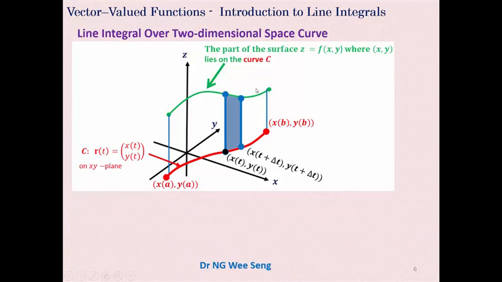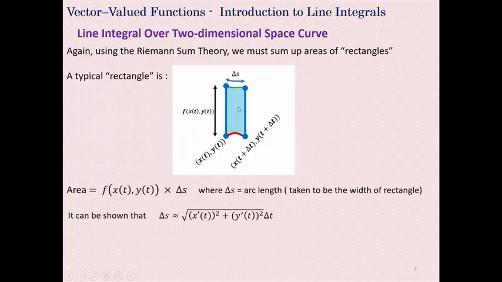I just mentioned earlier that in order to define the integral of f over the curve C, we have to form rectangles. So that will be done in a similar fashion. We take two neighboring points on the red curve and we form a rectangle. As you can see, it's not exactly a rectangle, but because delta t is going to be small, it will be approximately a rectangle.